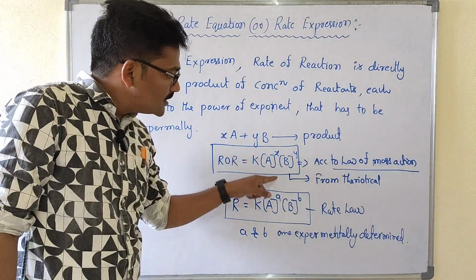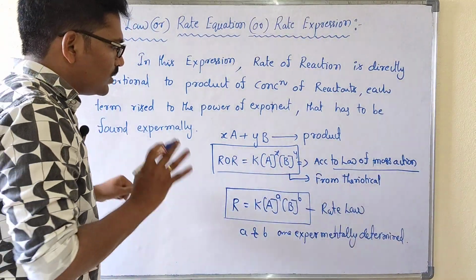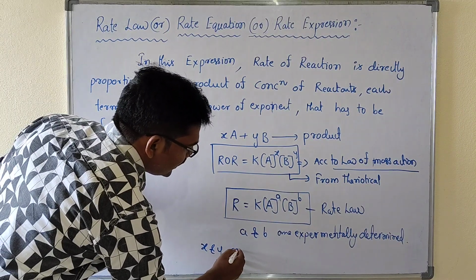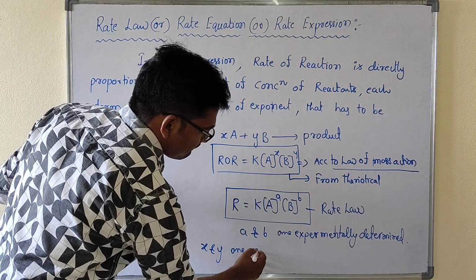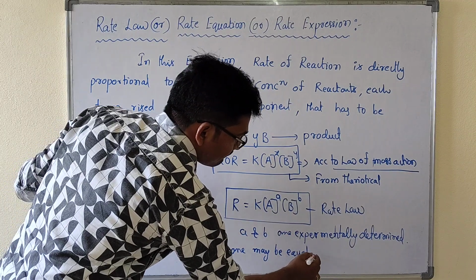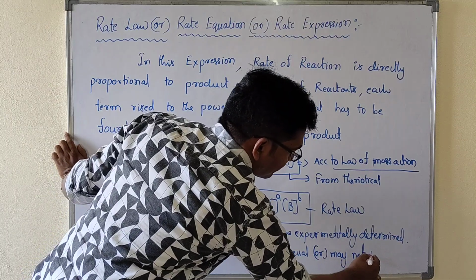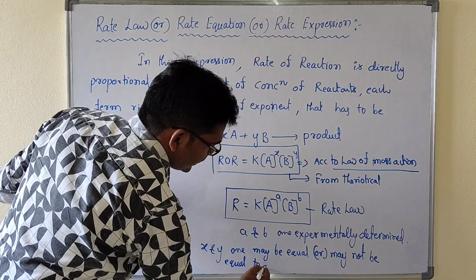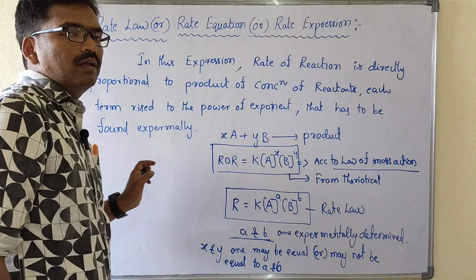Are x and a equal? It may be equal or may not be equal. So remember, x and y may be equal or may not be equal to a and b, but a and b are experimentally determined.